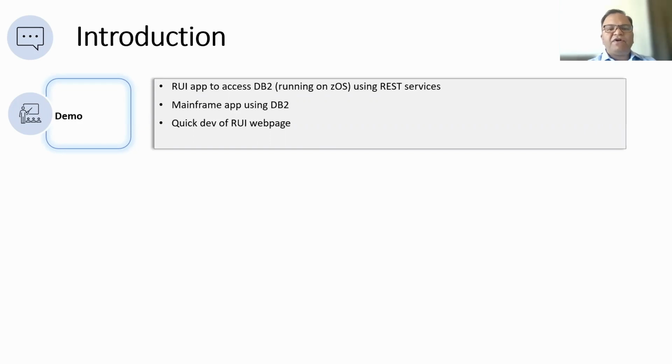Then probably we'll have a quick demo around the development of a RUI page, and we'll show you how quickly we can develop and deploy, and how everything gets integrated within the interface itself. That's what makes the life of every RBD user quite easy.